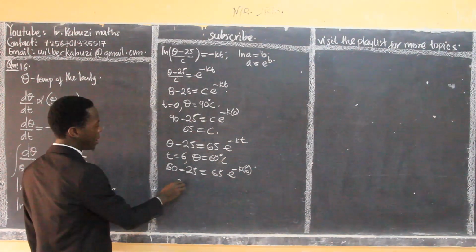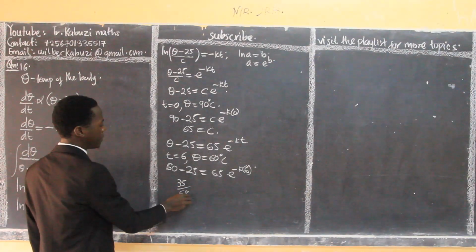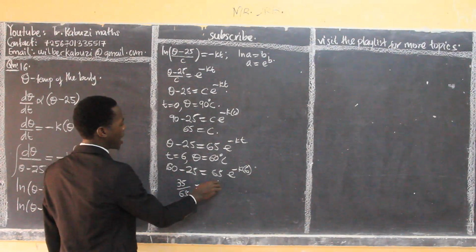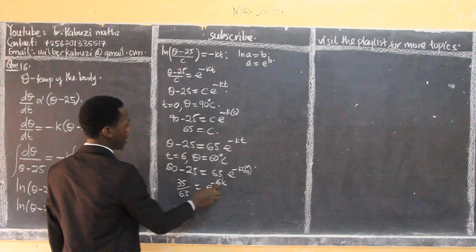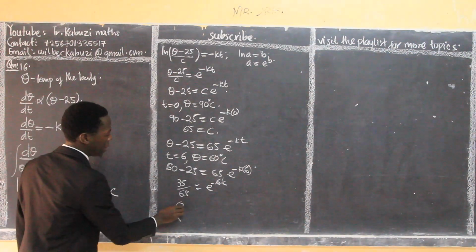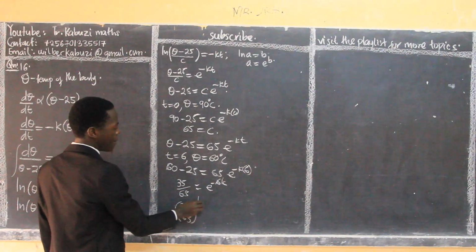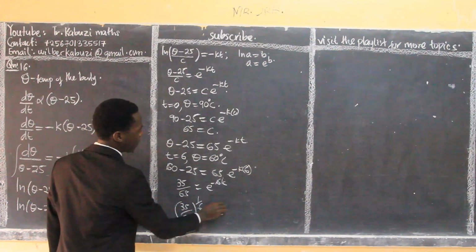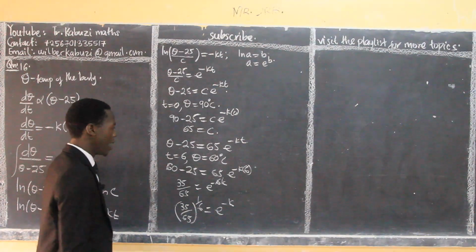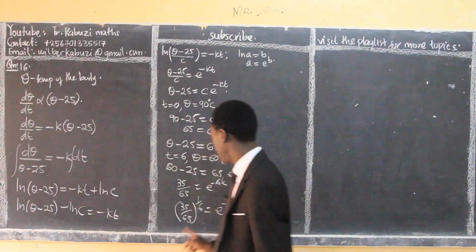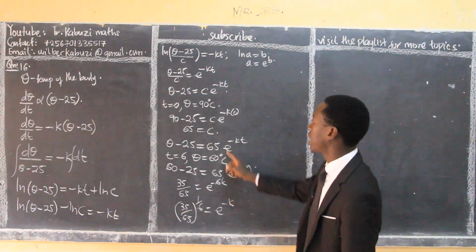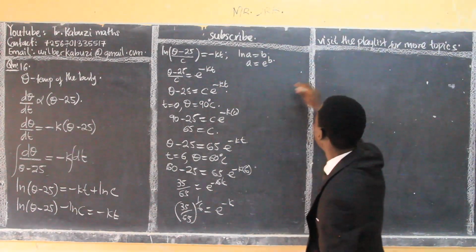So that this one is giving me 35 divided by 65 equals e to the negative 6k. Making it the subject, I multiply by 1 over 6 on both sides, to have that, which you can easily see. I'm going to substitute it from there.